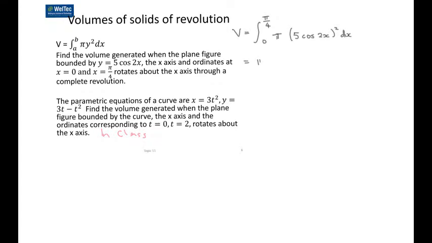Let's take the pi out the front. And in fact, let's take the 5 squared out the front too, so to make that 25. And then we've just got to integrate cos squared 2x.